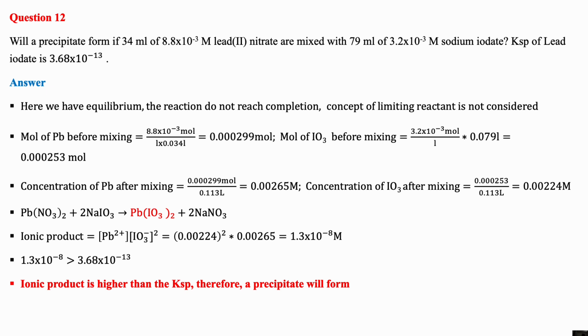Because the ionic product is higher than the Ksp, therefore a precipitate is going to be formed. If the ionic product is less than the Ksp, that means we don't form a precipitate. If the ionic product is equal to the Ksp, in that case, we are at equilibrium. That was question number 12.